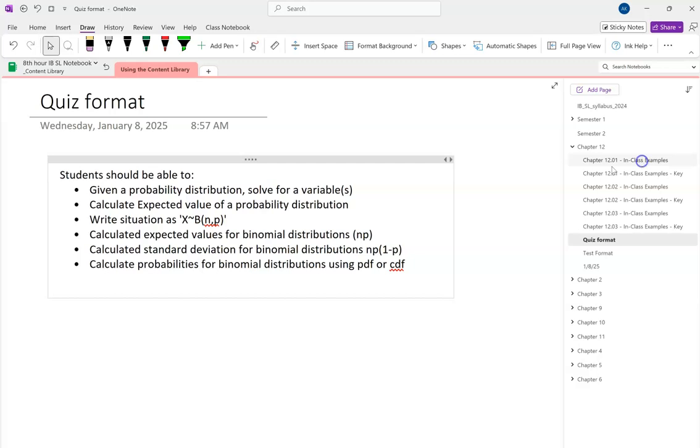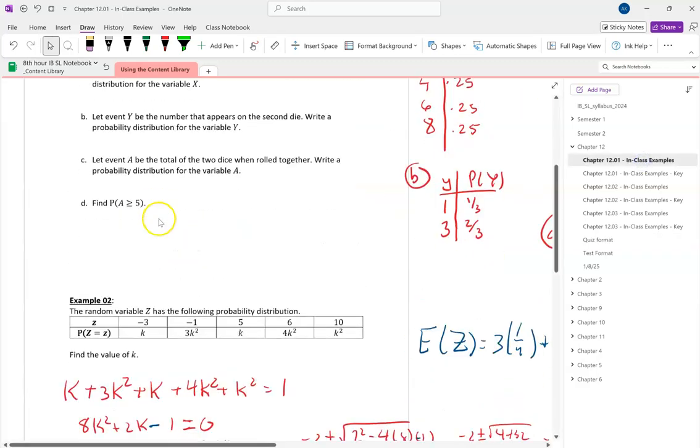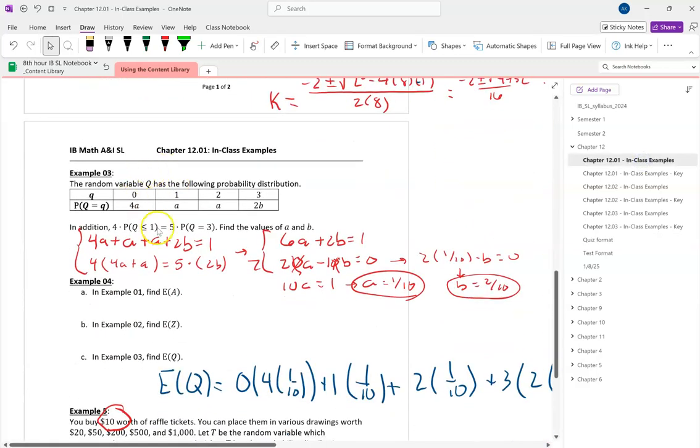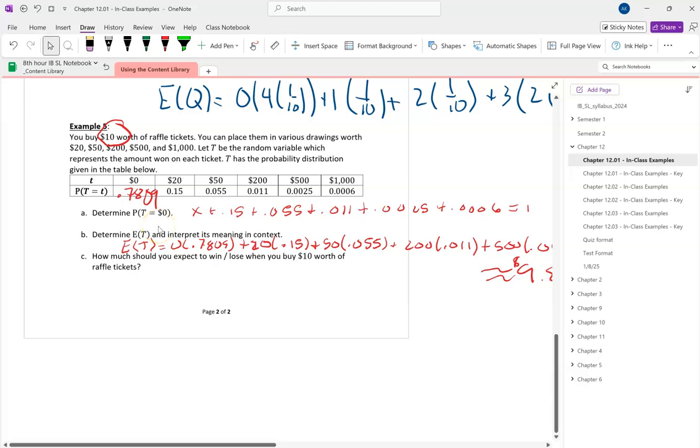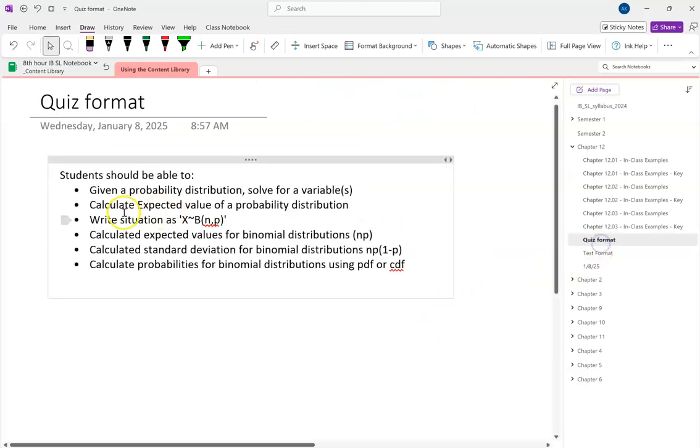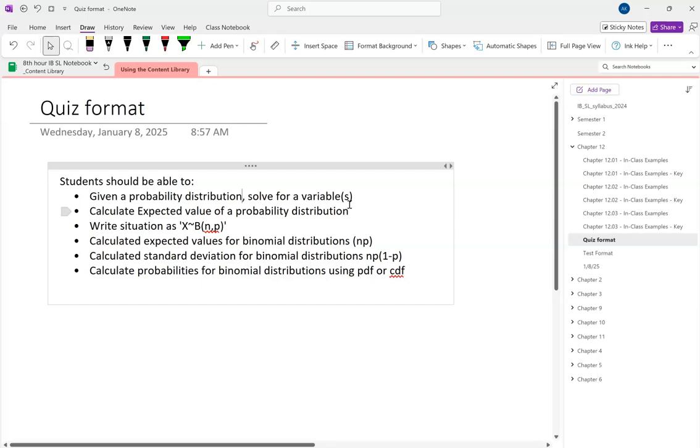If you're looking for more practice, I think the in-class examples from 12.1 would be a good place to look. Calculate the expected value of a probability distribution. Just like we just did, right? Also, the 12.1 in-class examples might be a good place to look.